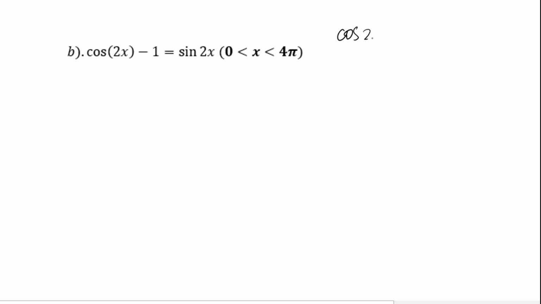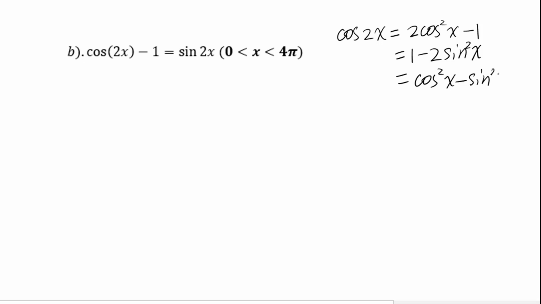We have cosine 2x equals 2 cosine square x minus 1, or equals 1 minus 2 sine square x, or equals cosine square x minus sine square x.